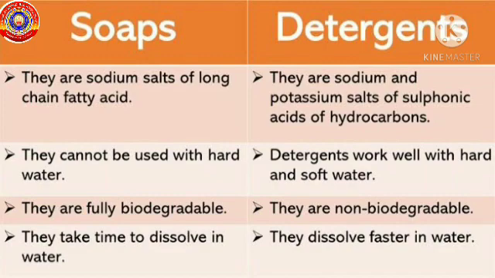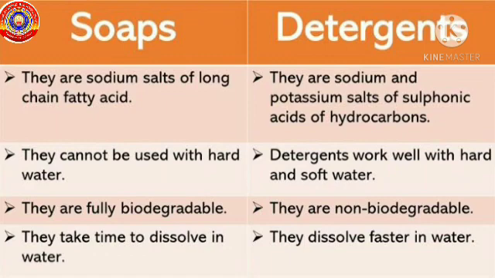Soaps cannot be used with hard water, but detergents work well with hard water and soft water. Soaps are fully biodegradable, but detergents are not biodegradable. Soaps take much time to dissolve in water, but detergents dissolve faster in water. So these are the differences between soaps and detergents.